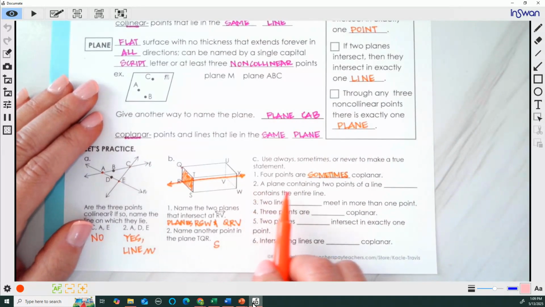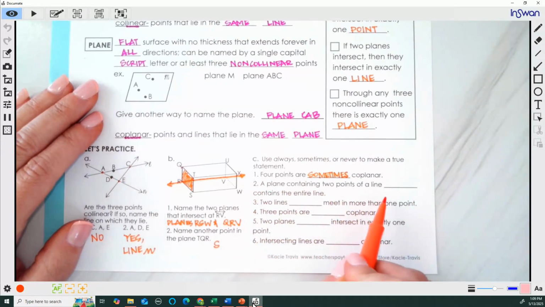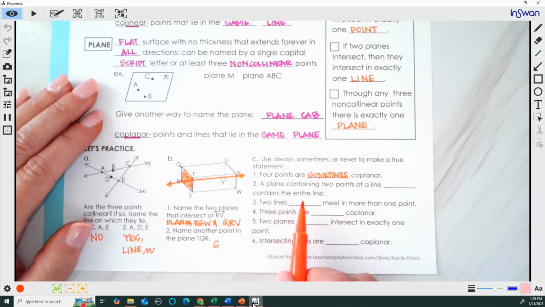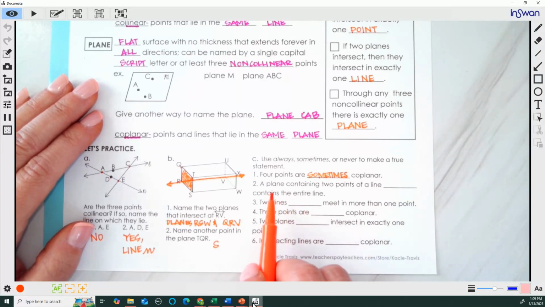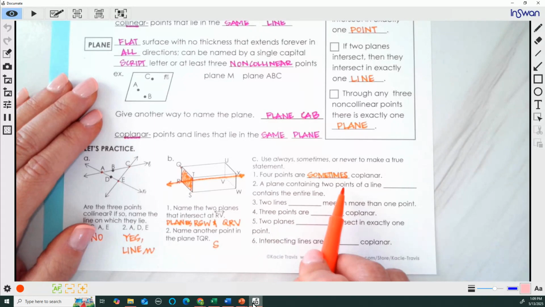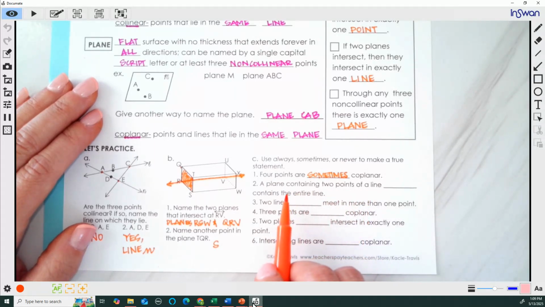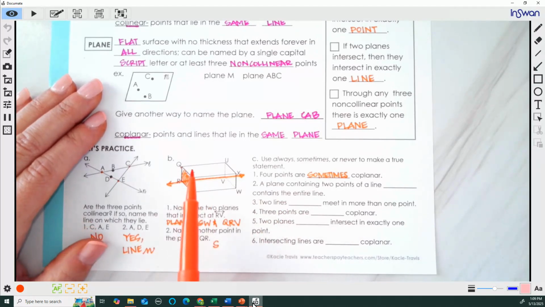Number 2, a plane containing 2 points of a line blank contains the entire line. So if I've got two points in a line, does that always, sometimes, or never contain the entire line in a plane? So I've got a plane. Let's just imagine this plane.